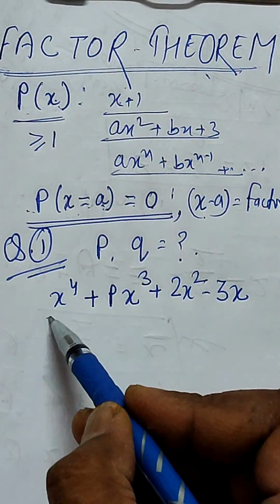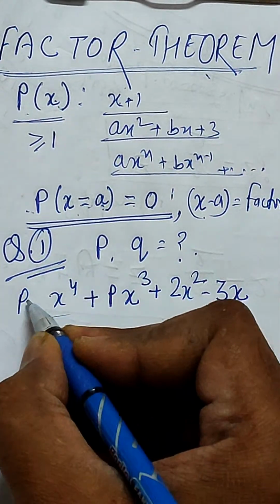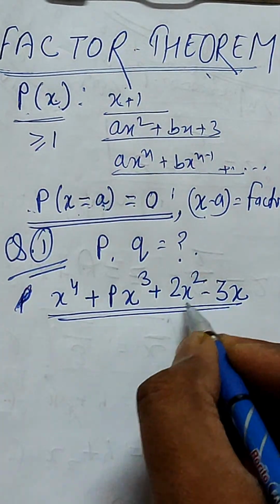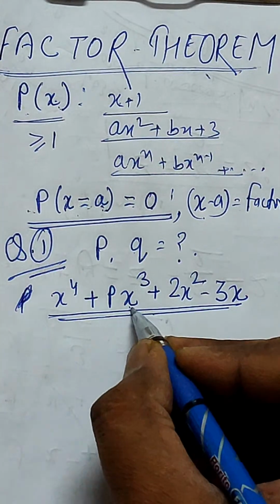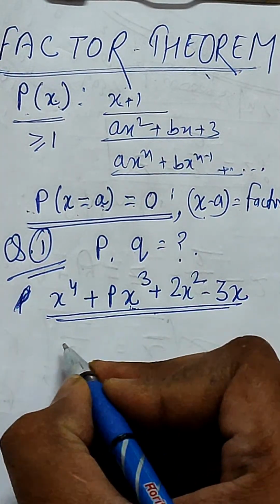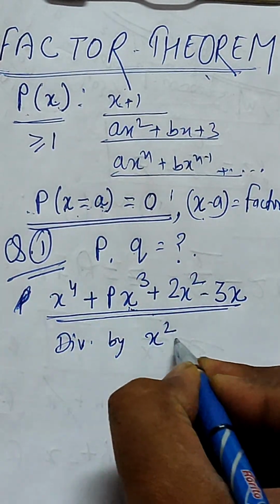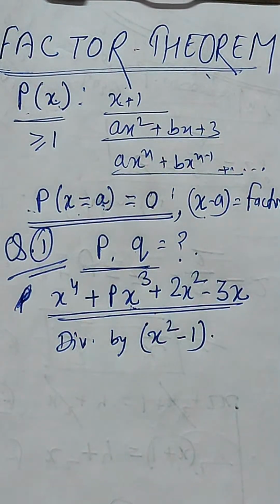As per the factor theorem, this is p of x, but we should not use p, so this is just the polynomial. We need to find the values of p and q when it's given that this polynomial is divisible by x square minus 1.